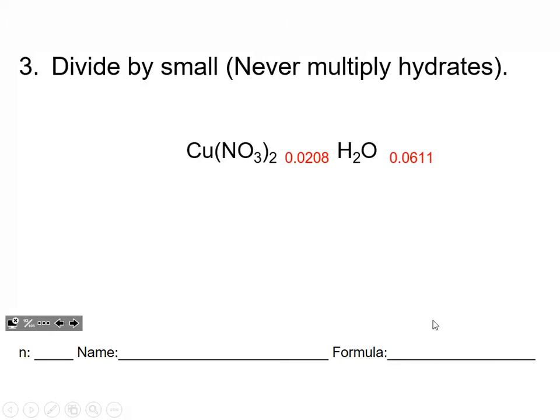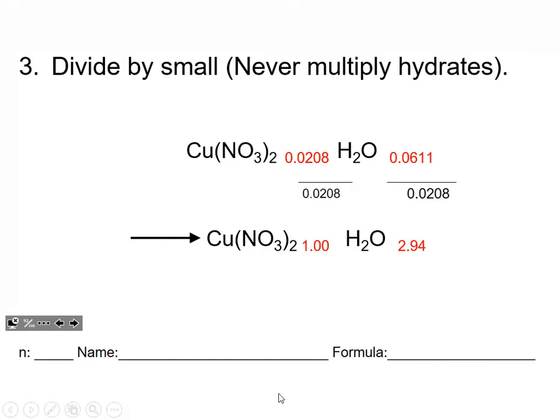And now I have to divide by small, which is always going to be the first number here. So I divide by 0.0208. I have to show what those numbers are, 1.00 and 2.94. 2.94 is close enough to 3 because I can't multiply hydrates anyways. So n equals 3.